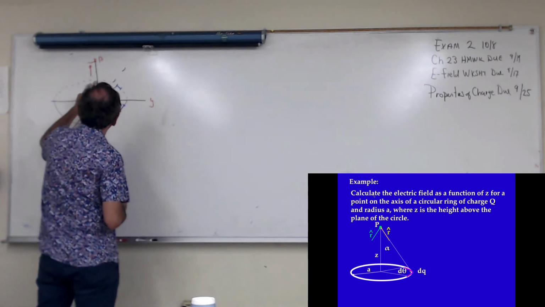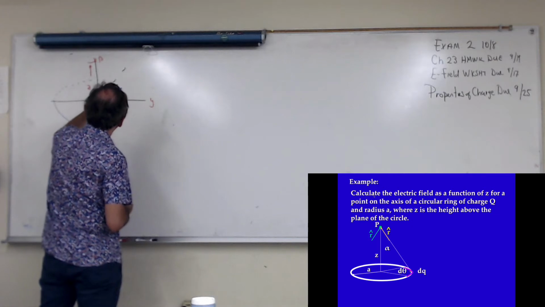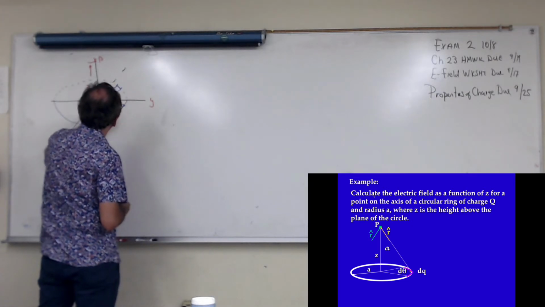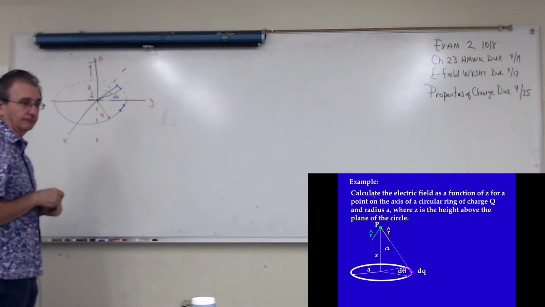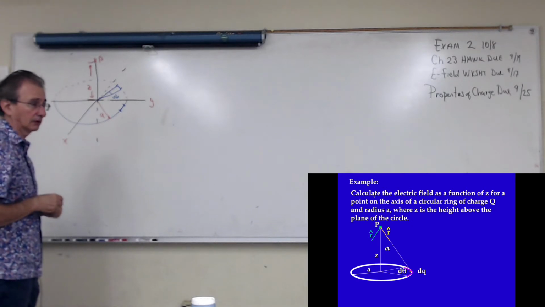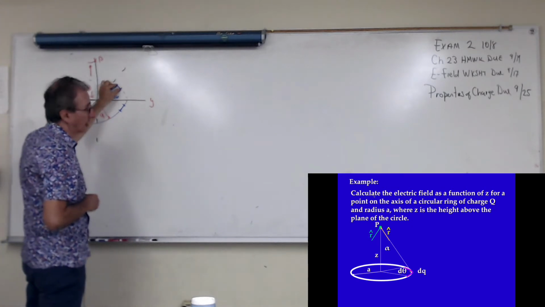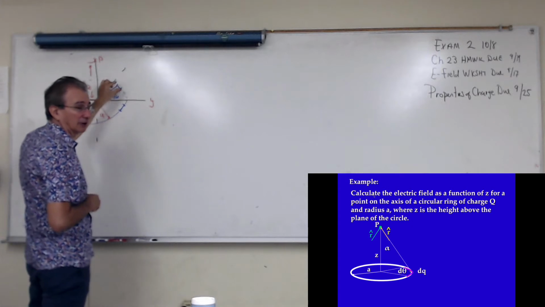This angle we'll call d theta, and then the radius is a. Okay, so I'm going to break this up into this smaller piece. I want to calculate the electric field from this piece.